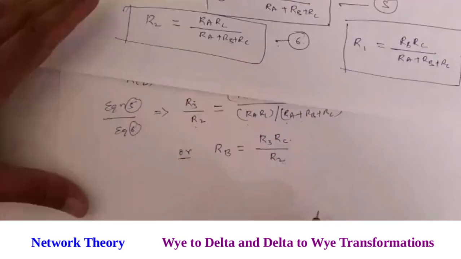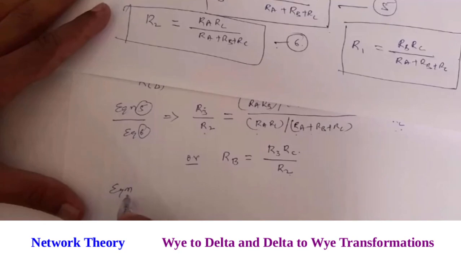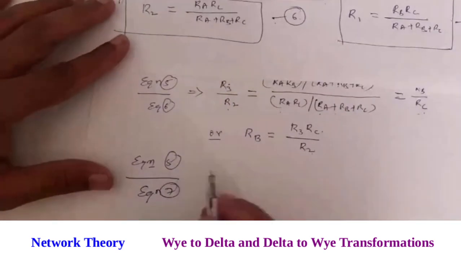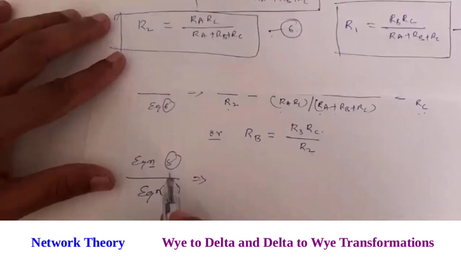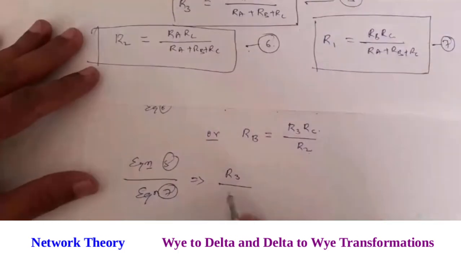Now once again I'm going to divide equation 5 by equation 7. I'll do the same approach. This implies equation 5 is R3 once again, divided by equation 7, which is R1.